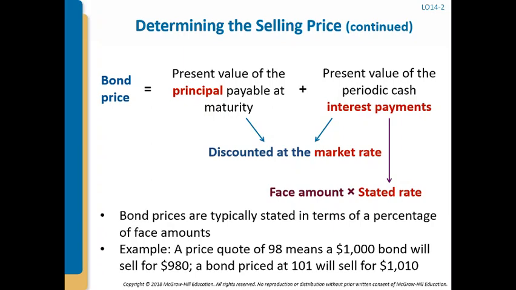So, for example, if you have a price quote of 98 on a bond of $1,000, which is typical, then you could expect to pay $980 for that bond. And of course, if it was 101, it would be $1,010 that you would expect to pay for that bond.